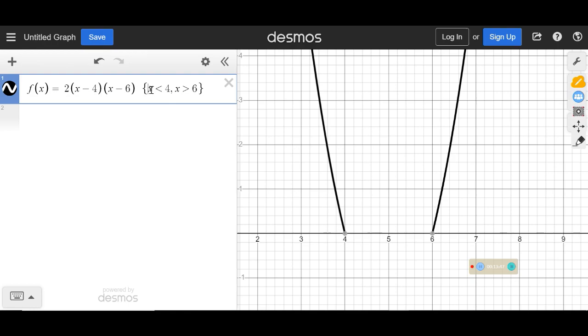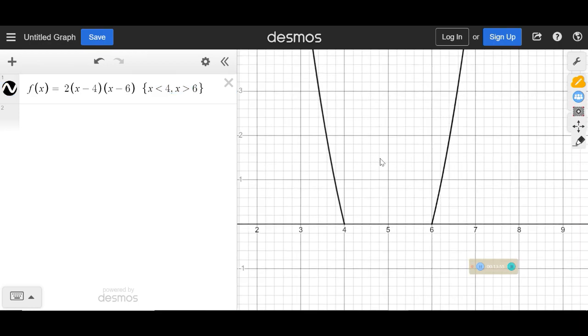So notice the difference between having 2 separate inequalities or one compound inequality to explain the region that we're looking at, the parts of the x-axis that are going to give us positive output values. So here you go. Let's get ready for the next part of the assignment.